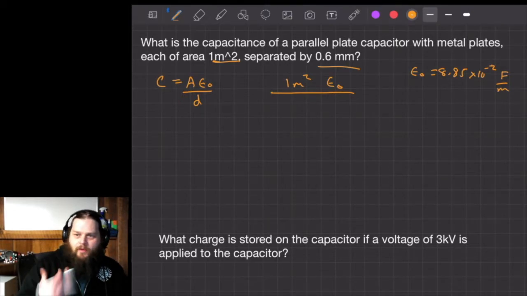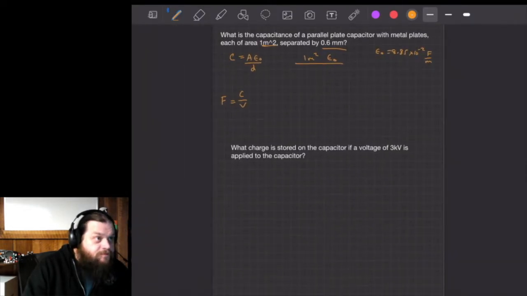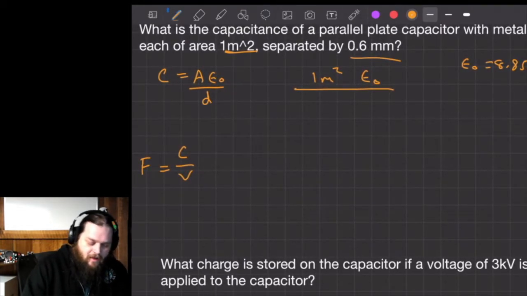This is kind of more appropriate for the capacitor talk, because farad is the unit of capacitance, and a farad is equal to a Coulomb of charge divided by volt, I believe. So a charge divided by that voltage potential between them.